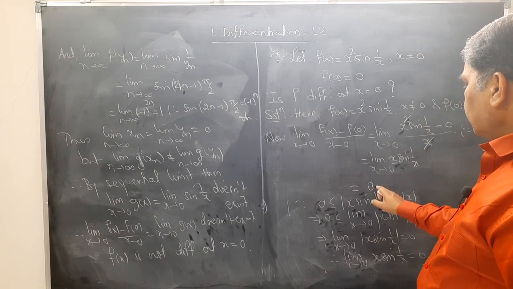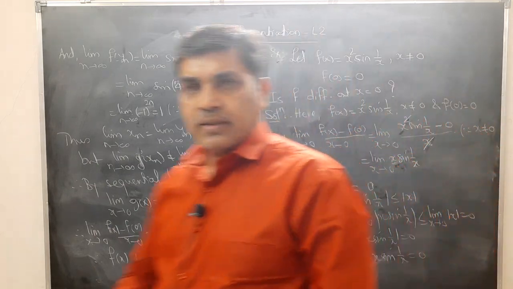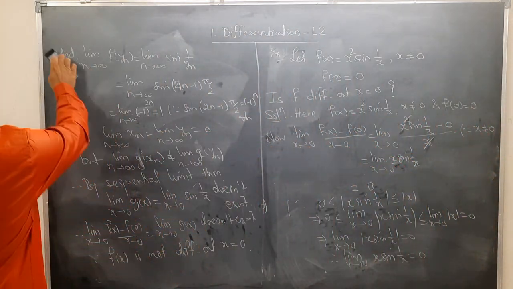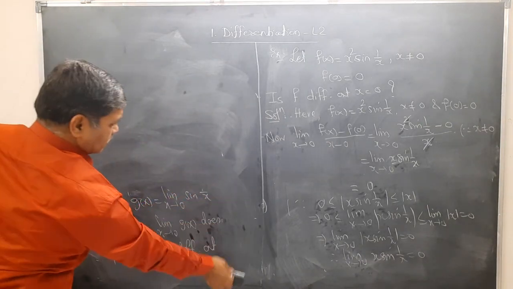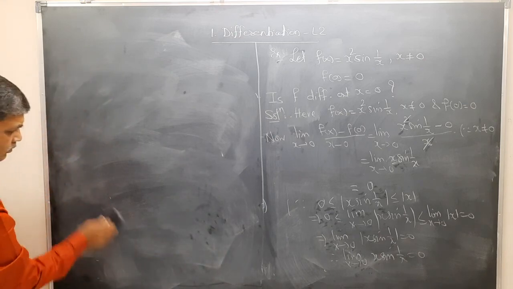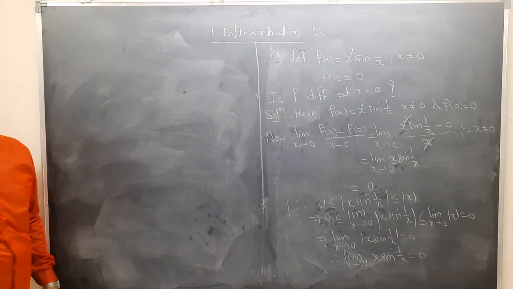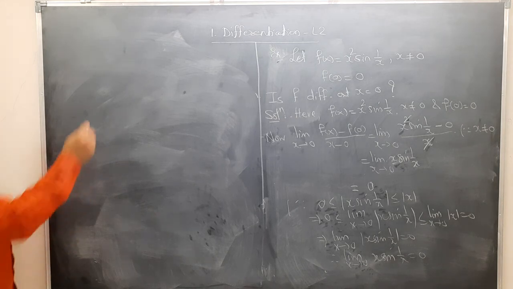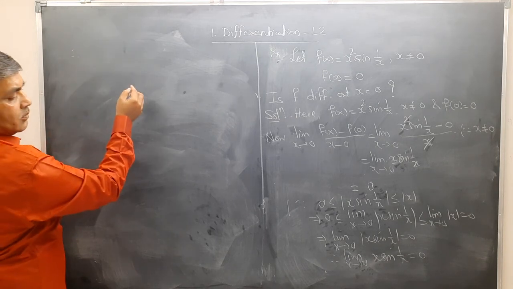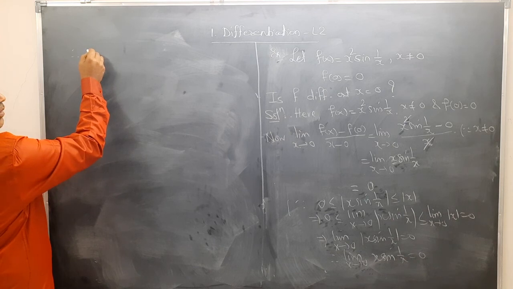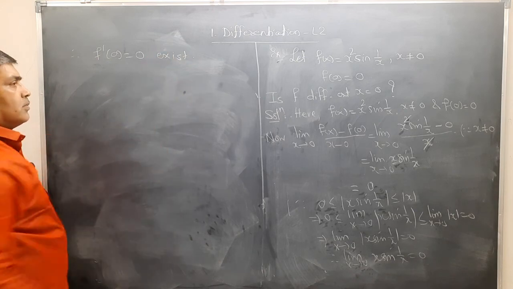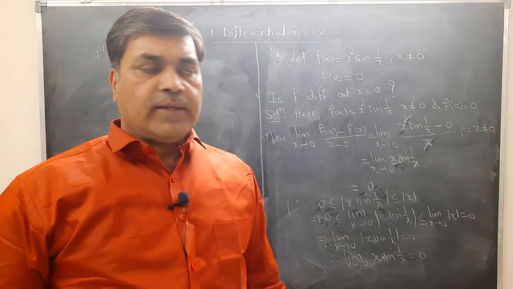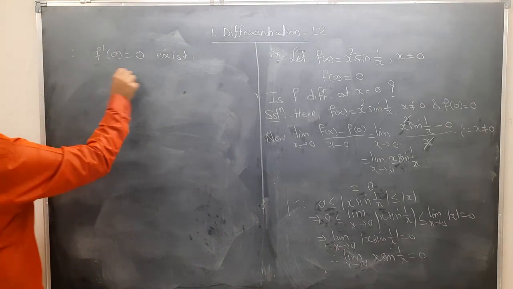Therefore the limit as x tends to 0 of x sin(1/x) is 0. So this limit exists, right? Therefore f'(0) is equal to 0, it exists.